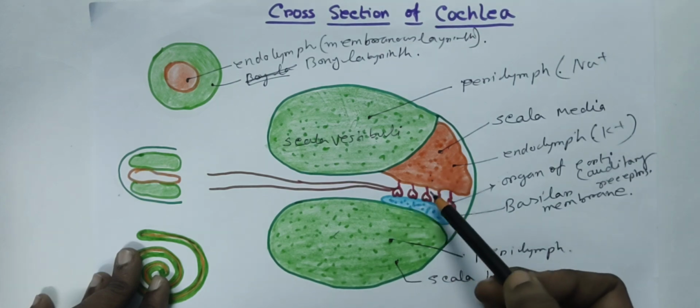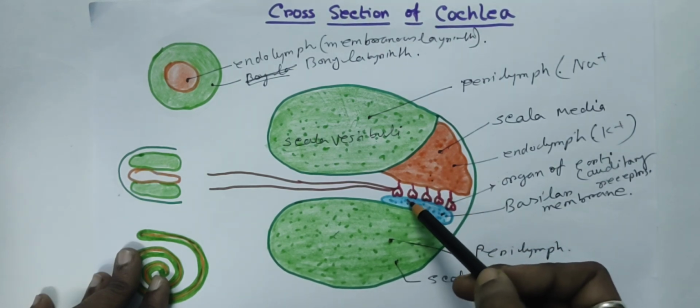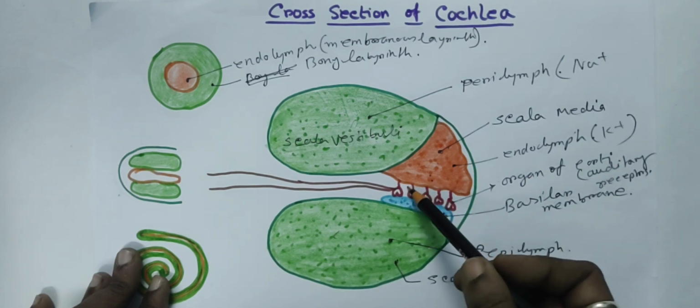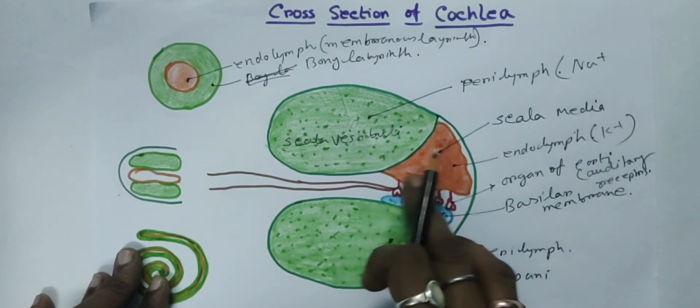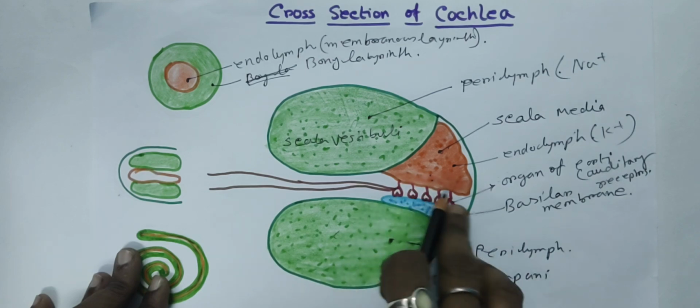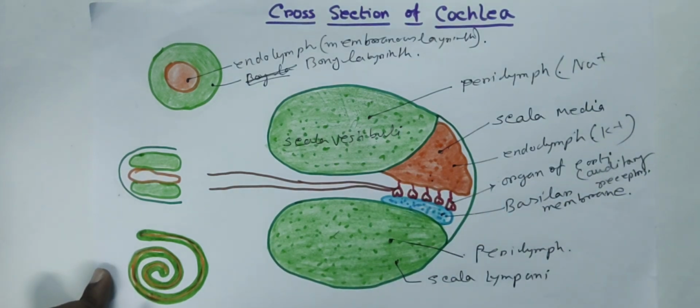At the base of the scala media, there is a basilar membrane. With the basilar membrane, there is a special type of auditory receptors attached. They have cilia, and when the impulse comes, they get attached with the tectorial membrane. That is why they are called the organ of Corti.